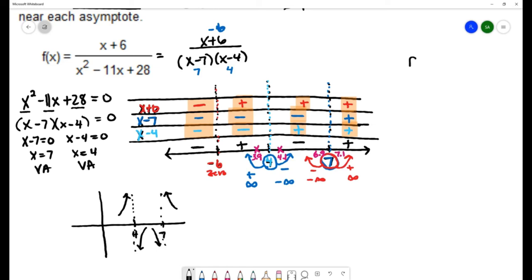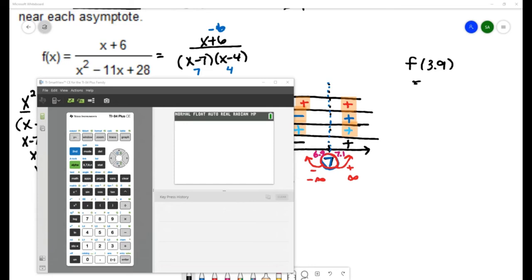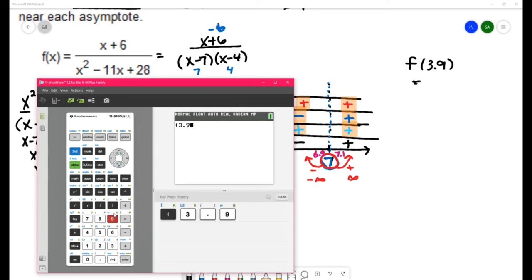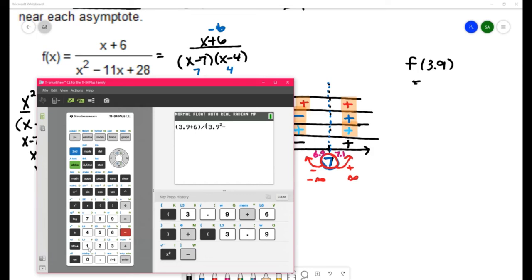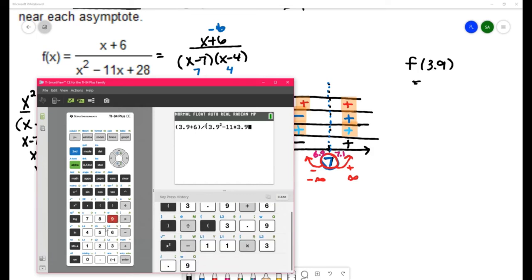So we can substitute f of 3.9. Let's get our calculator out to make this more convenient. Okay, so I've got my calculator here, and I'm going to substitute into the numerator 3.9 plus 6 divided by 3.9 squared minus 11 times 3.9 plus 28.